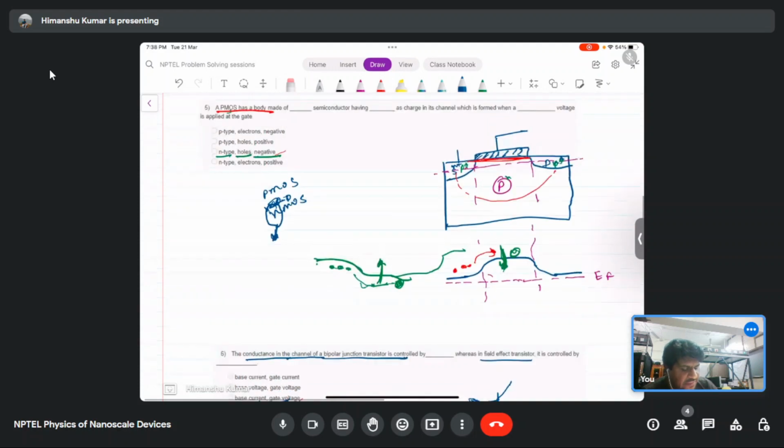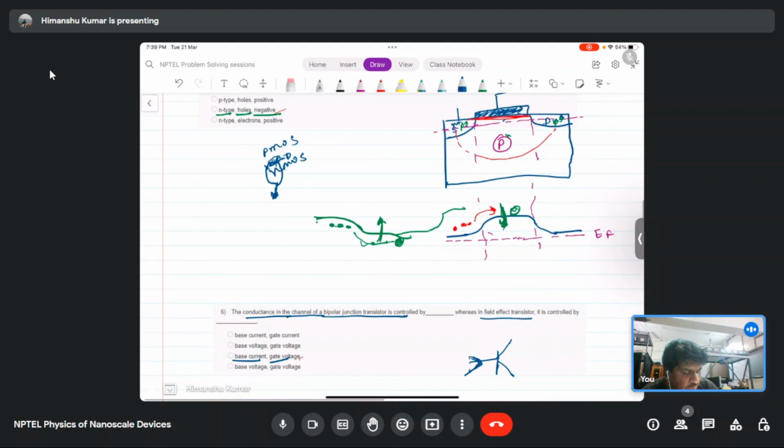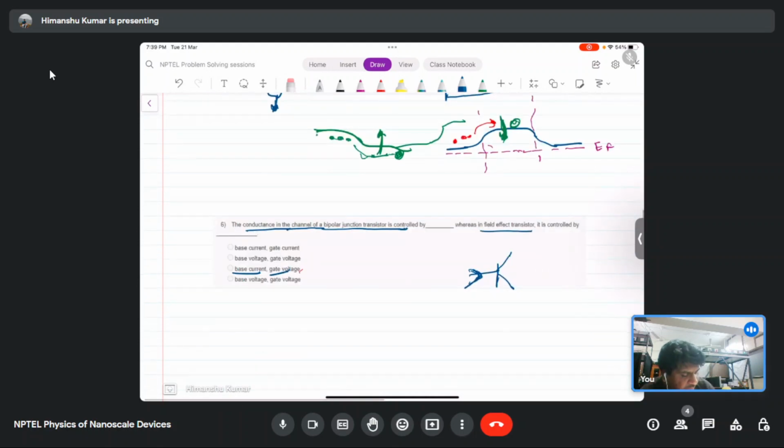Since the gate is insulated from the channel region, this is known as the phenomenon of field effect. So in the MOSFET the channel is affected by the field, while in the BJT the conductance in the emitter-collector region is controlled by the base current. So the correct answer will be the third, the base current and the gate voltage.